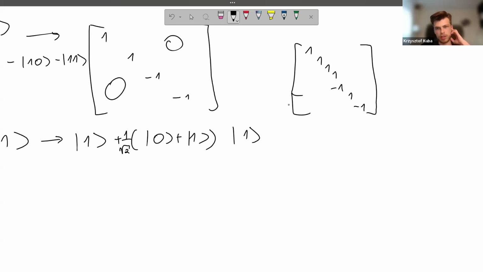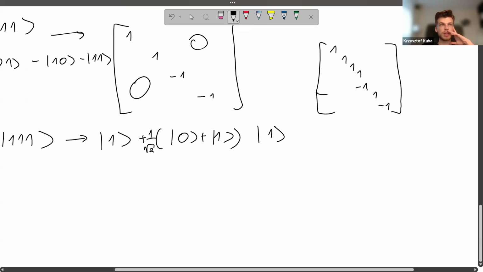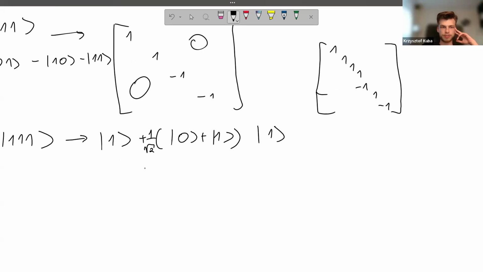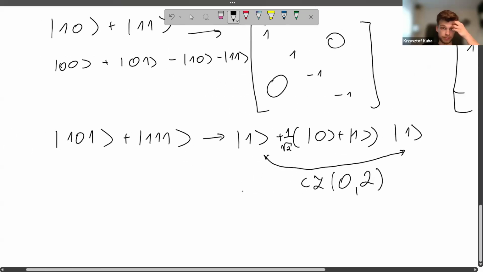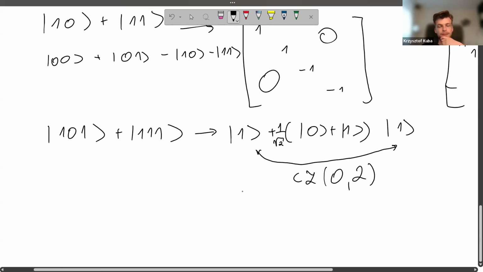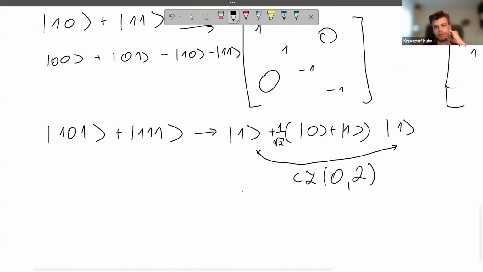It's like a representation. It's not very technical, but we can do this by applying a single controlled Z gate, not a controlled NOT, sorry, just a controlled Z gate to the first qubit, indexed 0, and the third qubit, indexed 1. Why?